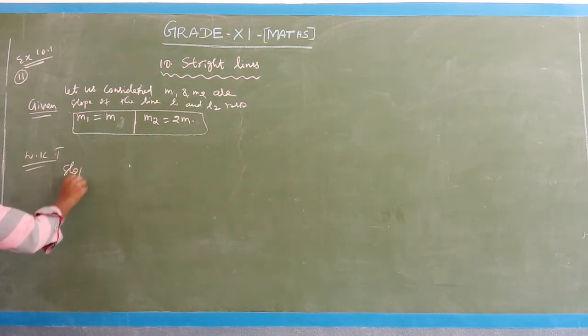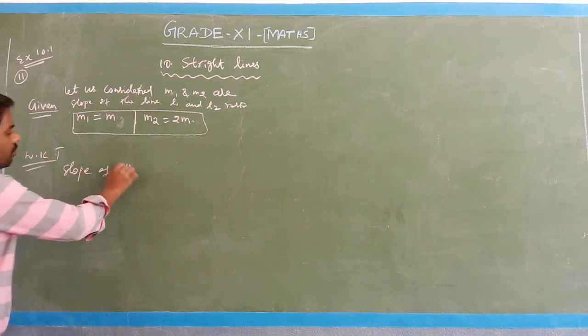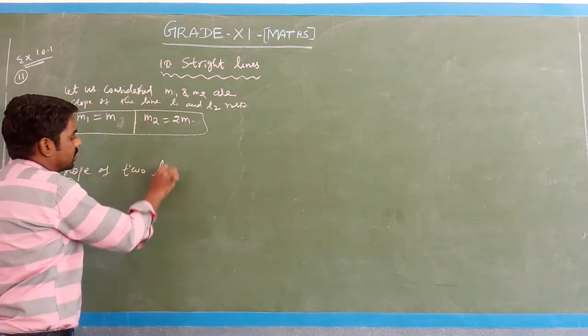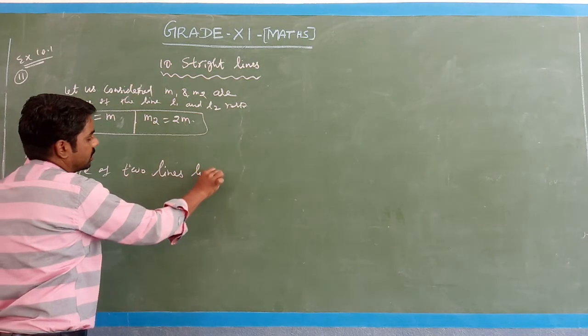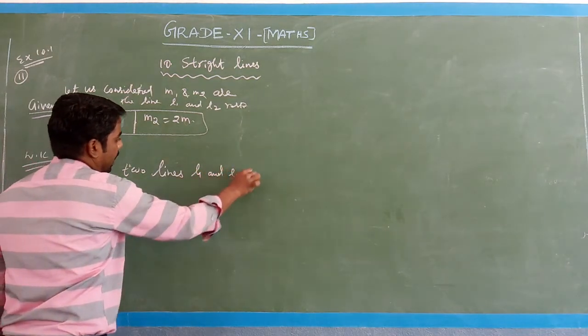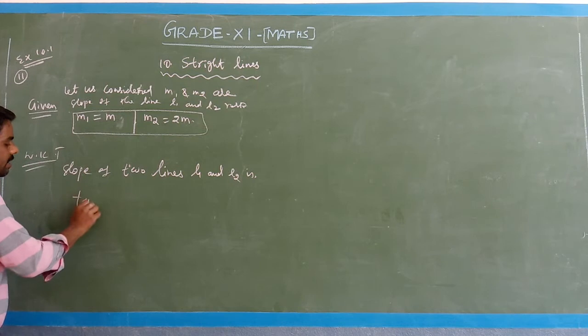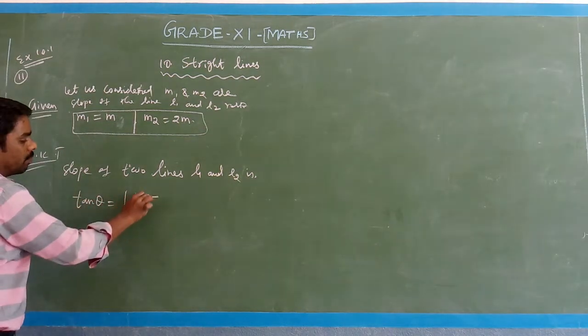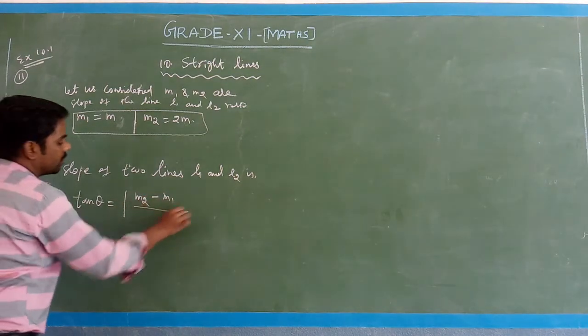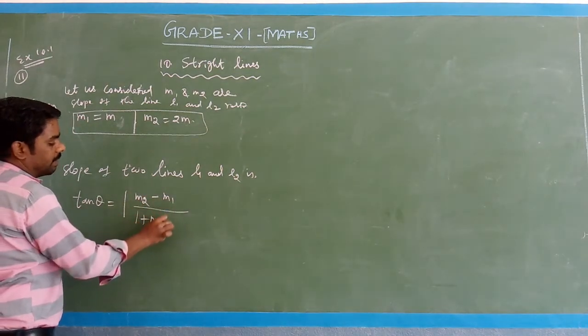We know that for the slopes of two lines L1 and L2, tan theta is equal to modulus of m2 minus m1 divided by 1 plus m1 m2.